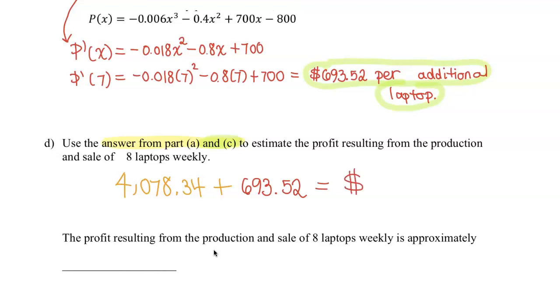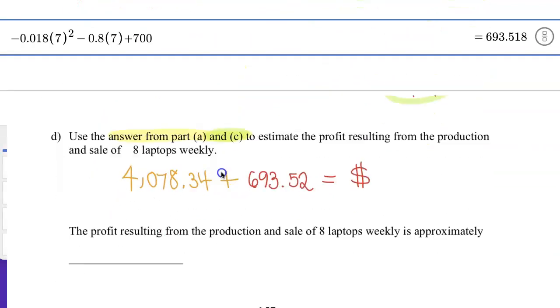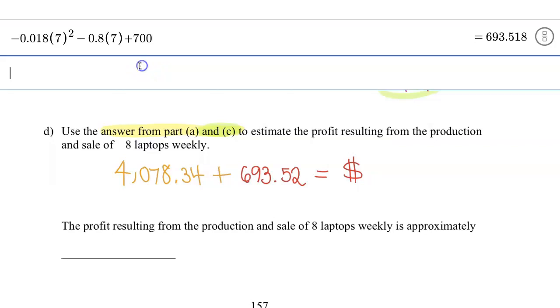The sum is going to be 4,078.34 plus 693.52. We're expecting the profit to be about $4,771.86.